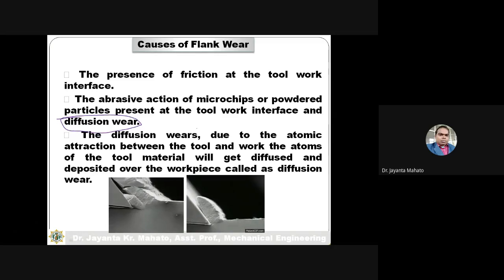The diffusion wear is due to the atomic attraction between the tool and the workpiece. The atoms of the tool material get diffused and deposited over the workpiece, called diffusion wear. So flank wear occurs by the diffusion mechanism.